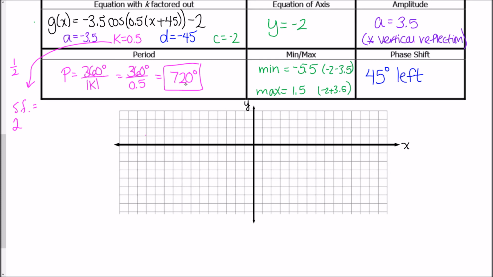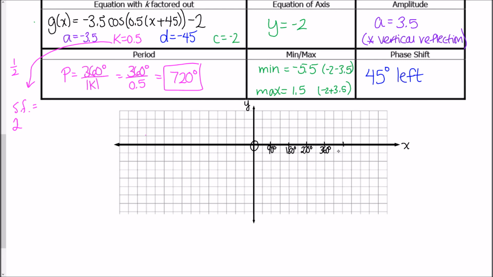Now, since my period is 720 degrees, I want to make sure I get all the way out to 720 degrees. So I think what I'll do is I will put each block will be 45 degrees. So if this is 45, then this is 90. This would be 180. Okay, we've got 270 here. We've got 360 right here. And then I'll just put little tick marks so that it's a little bit easier to see where we're at.